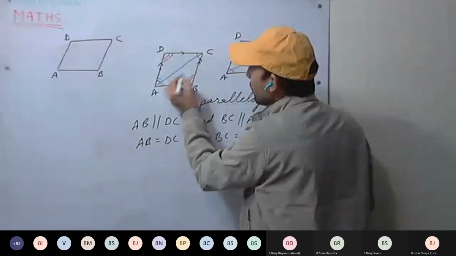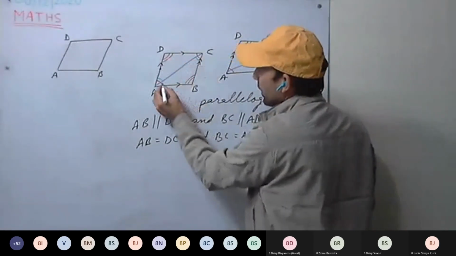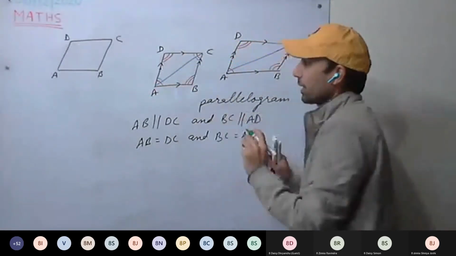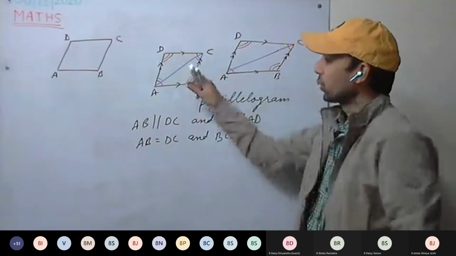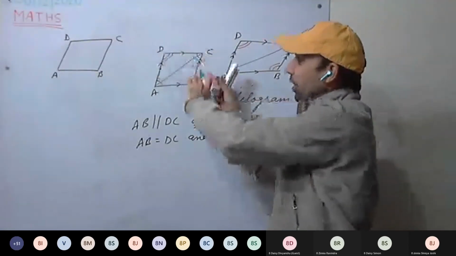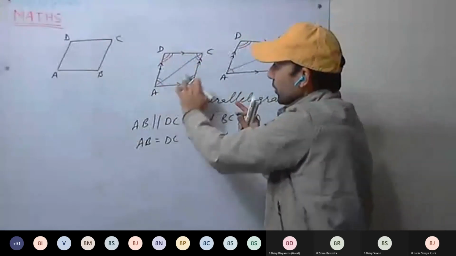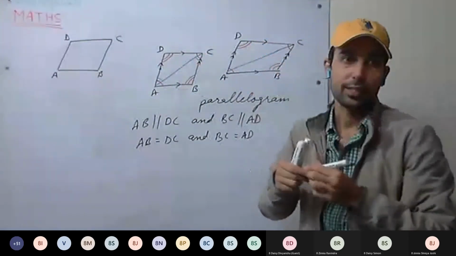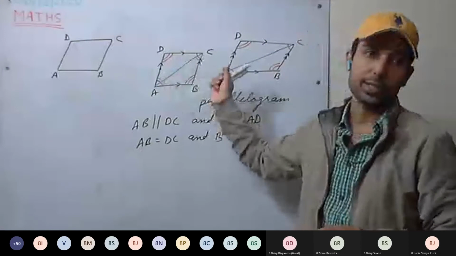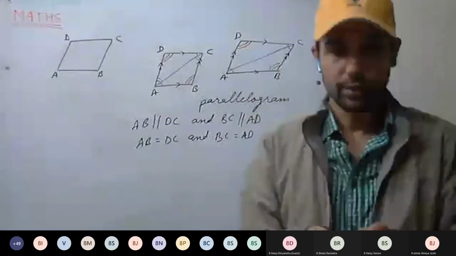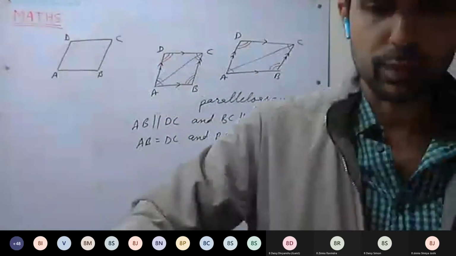This angle will be equal to this angle, and this angle will be equal to this angle. So they will overlap each other. If I cut this one, remove it and hold it, it will overlap the remaining angle. It is dividing them into congruent triangles. We'll discuss congruent triangles tomorrow. More properties we'll discuss tomorrow, one by one.